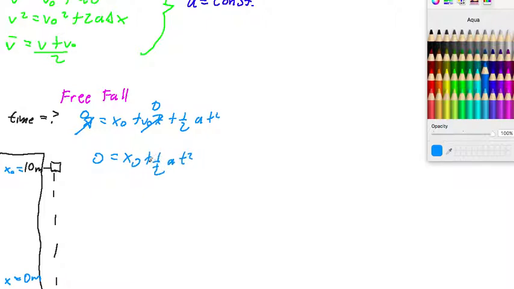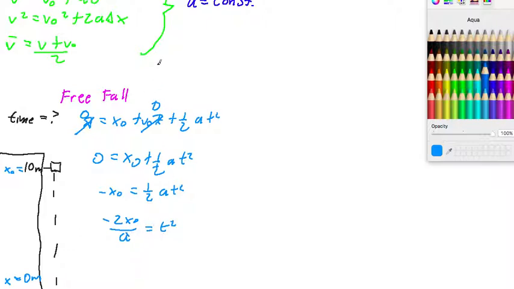And here we just have to rearrange to find t. So we move this to the other side. This is just a little bit of algebra, so if it's confusing and you'd like me to explain it, please request it. So now rearrange, move the 2, so negative 2 x naught over a equals t squared. And this a, we already know it.